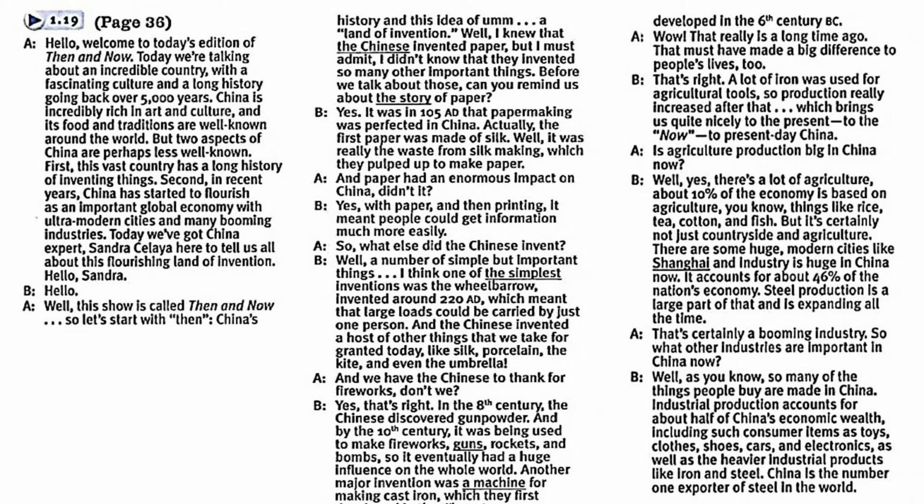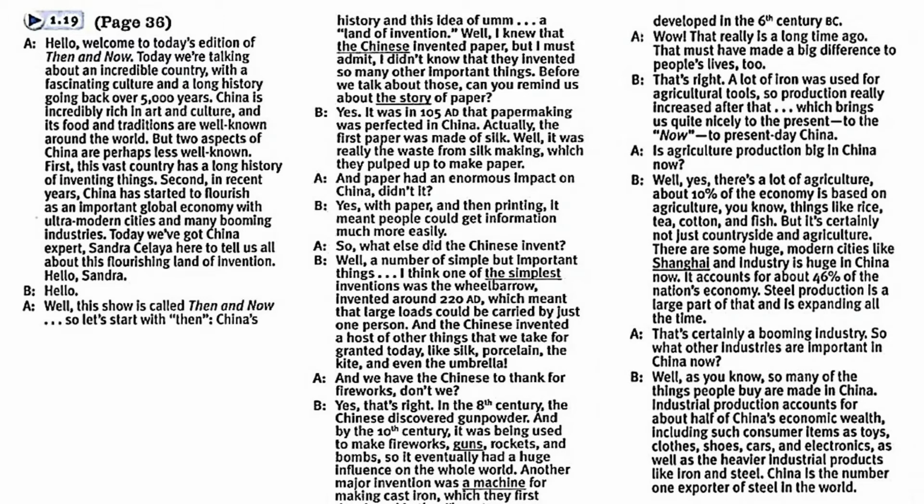So it eventually had a huge influence on the whole world. Another major invention was a machine for making cast iron, which they first developed in the 6th century BC. Wow, that really is a long time ago. That must have made a big difference to people's lives, too. That's right. A lot of iron was used for agricultural tools, so production really increased after that.